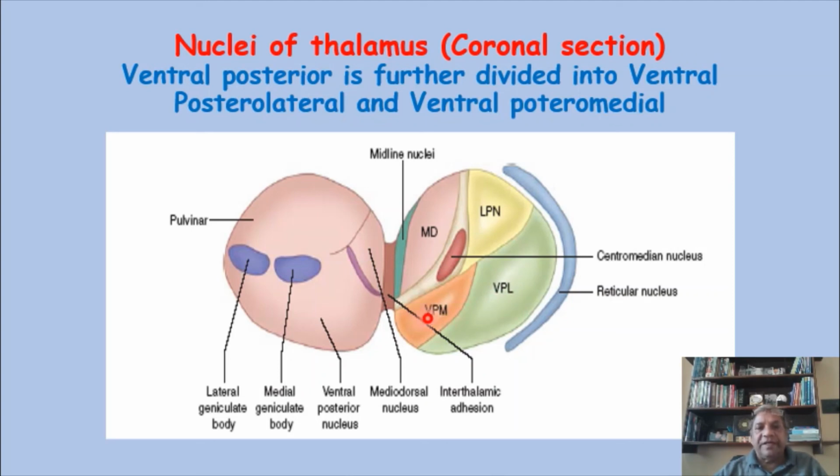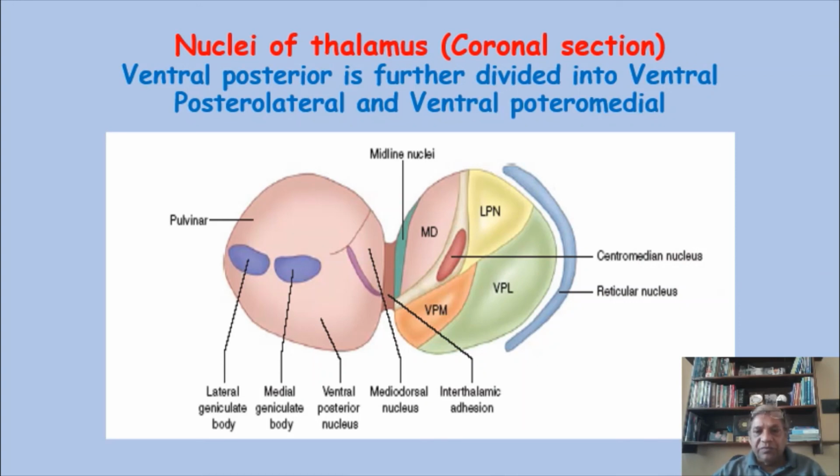VPM means ventral posteromedial, and ventral posterolateral. In the ventral group, the posterior-most nucleus is divided into two, and this is the reticular nucleus. Now I think this is a little complicated, but you will have to draw and label it with a pencil again and again in both horizontal and coronal sections.